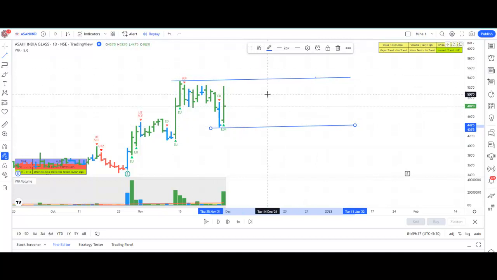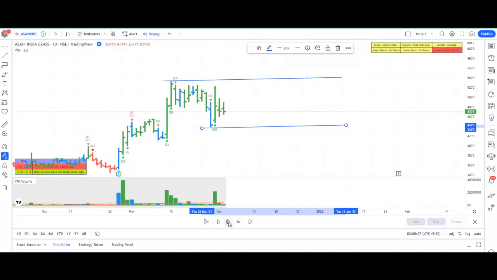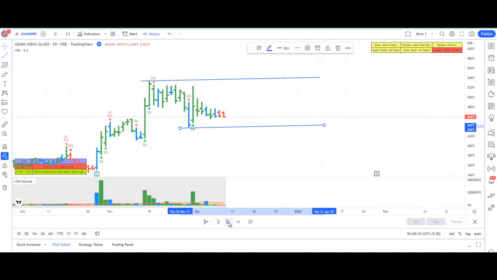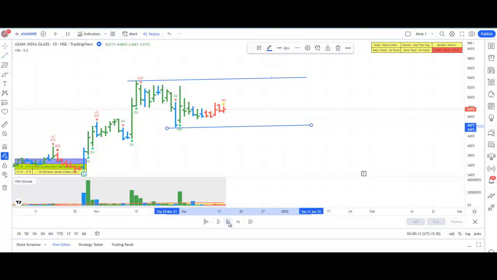So now it is clear that for the prices to go up, we need to break above this line, the high of the EU bar here, and in order to go down, we need to break below this line, which is the low of the ED bar. So let us see what happens. It is not breaking below the low of the ED bar here.